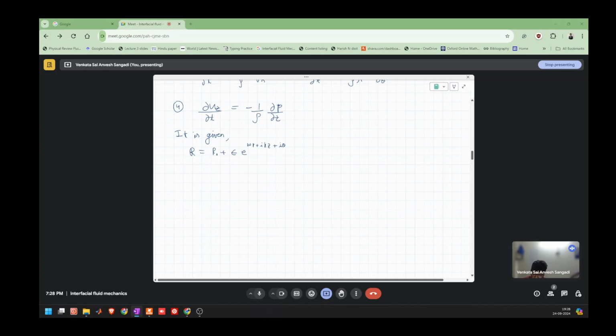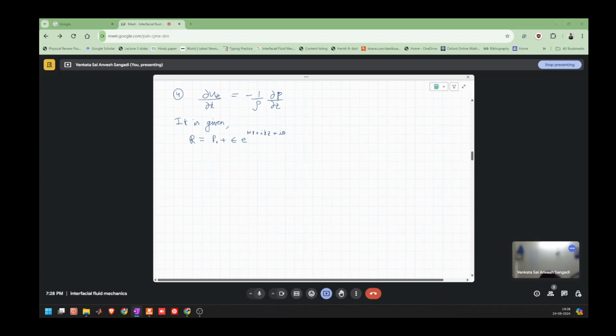Therefore, our assumed variable separable expression for u r of r, theta, z, t is equal to u(r) e to the power omega t plus i k z plus i theta.